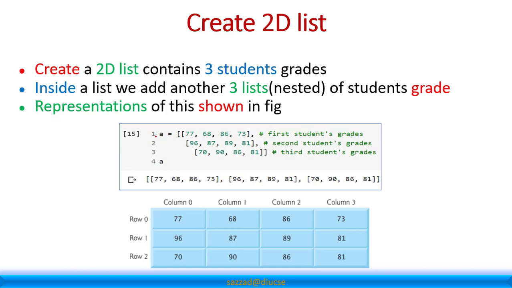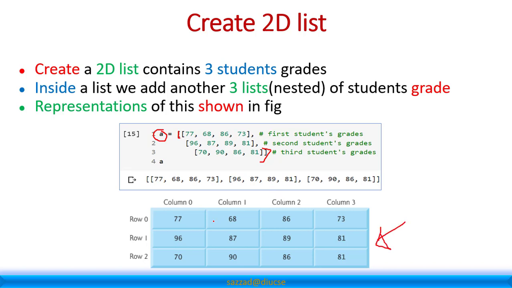So first of all, we declare a list called A, and then we input all the elements as a list inside another list. So this one is our first list, and inside the list there are 3 different lists as the grades of 3 different students. And if we give output, it will look like this, but it is shown in tabular format, but our output is going to look like this.